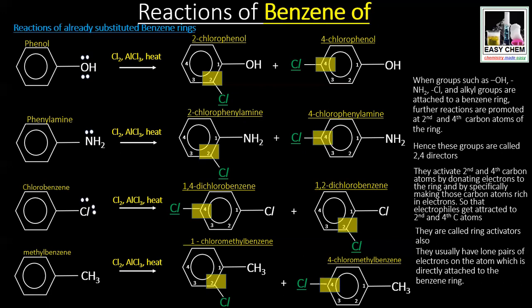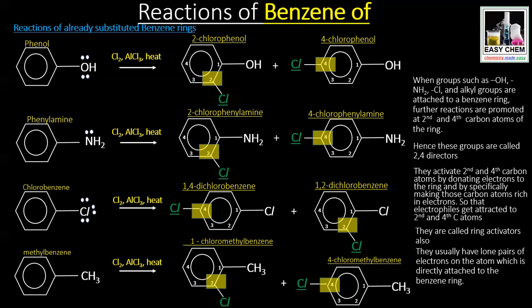That is a speciality. So what happens when we have lone pairs of electrons on the atom directly attached to the benzene ring? These electrons can delocalize in the benzene ring, and particularly on the second place and fourth place, electron concentration will increase. We see there's another electron pair to be added onto chlorine in chlorobenzene. That's it.